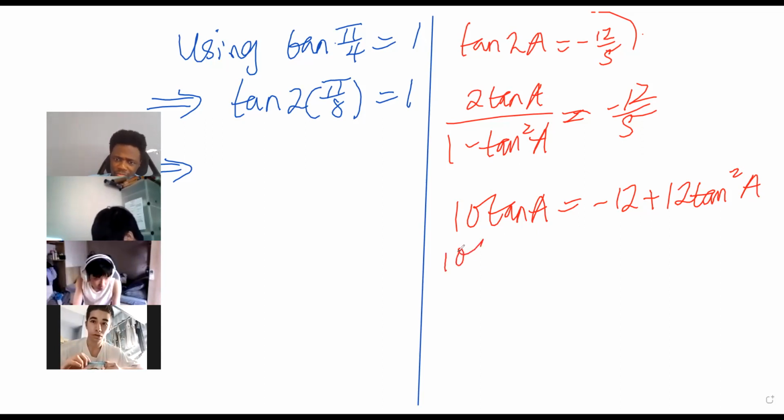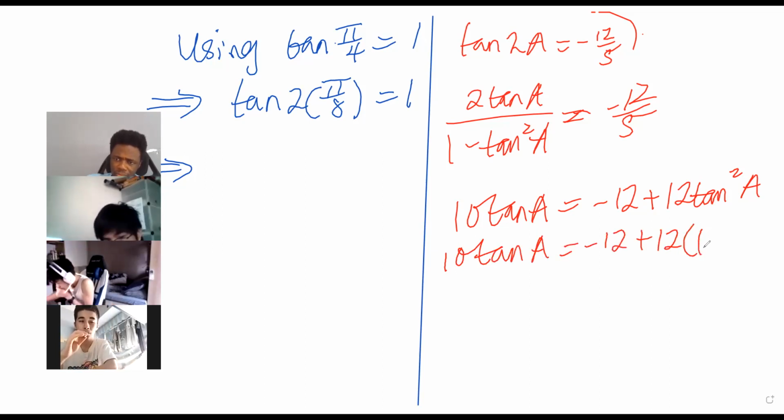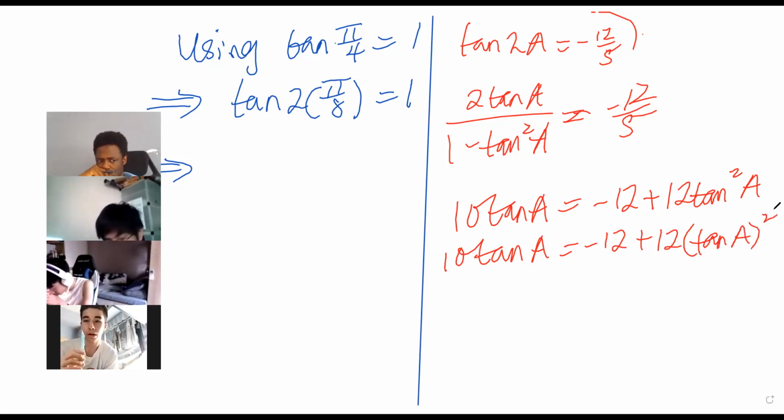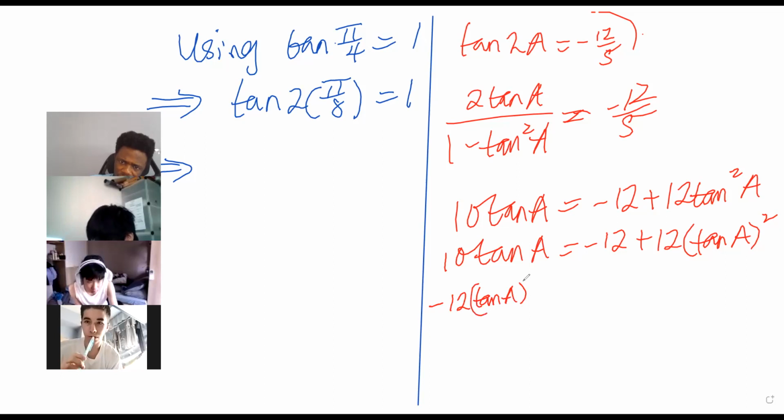Okay, let's see. You might have a point. Okay, done. What next? So now we have a quadratic equation. Doesn't look quadratic yet. Oh, we put tan A to the right side. Or we put the 2 on the left side. So negative 12 tan A square plus tan A plus 12 equals to 0.